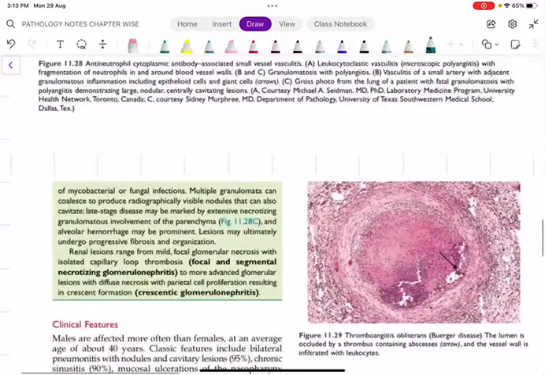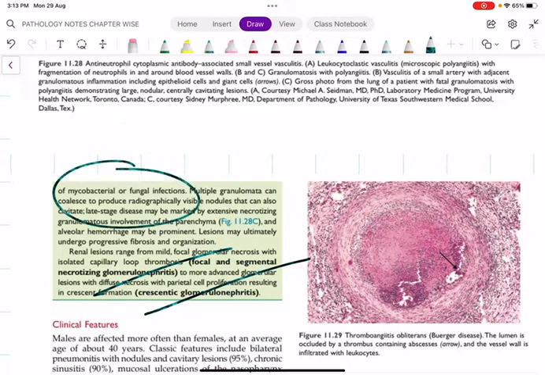You can see focal segmental necrotizing glomerulonephritis or crescentic glomerulonephritis. This is also usually associated with mycobacterial as well as fungal infections. Multiple granulomatous lesions you can see, which are geographic lesions. There will be central necrosis, cavitation, all those features.